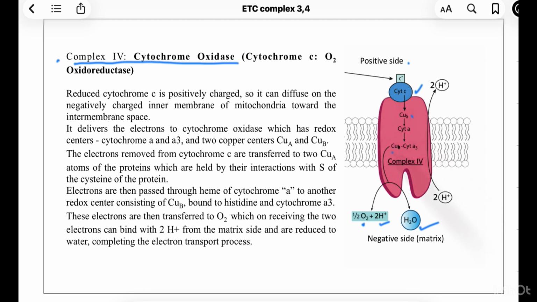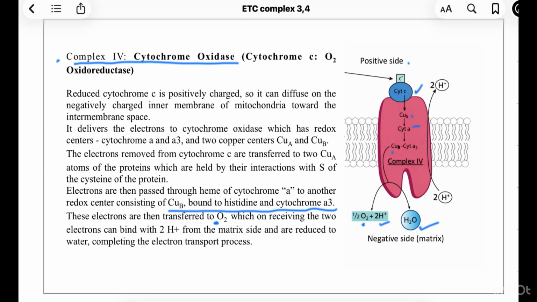The electrons from cytochrome C will move towards the complex 4. The path is given as from cytochrome C, they move to copper A, then to cytochrome A. From there, they move to copper B, and finally to cytochrome A3. From cytochrome A3, the electrons are given to oxygen, which gets reduced to form water.